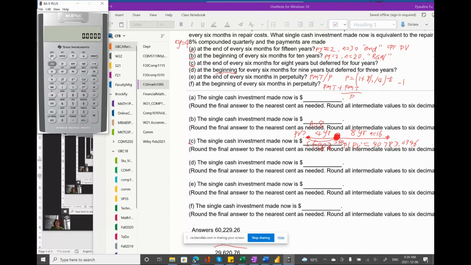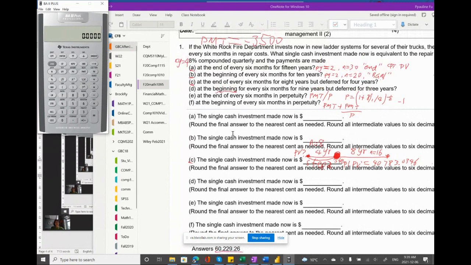In step 1 for 8 years, PMT is negative 35,000, FV is 0, interest is 8, term N is 16, compute PV. 40,783, this number is correct.